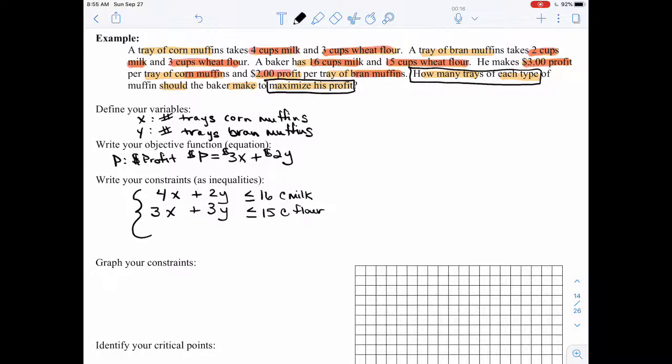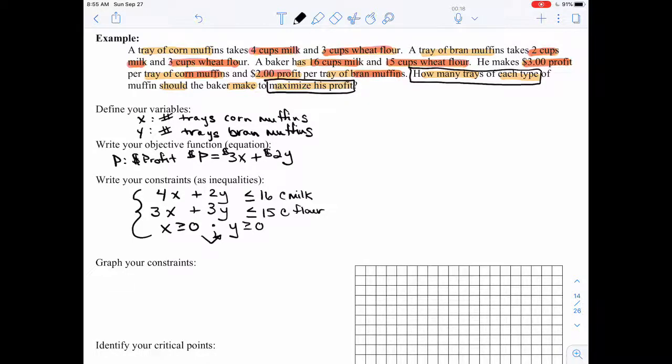Now in the real world, we cannot create negative quantities, so we will always add the 2 real-life constraints. Our x, the number of corn muffin trays, must be greater than or equal to 0. I'm going to put a semicolon, and our y, the number of bran muffins, also has to be greater than or equal to 0.